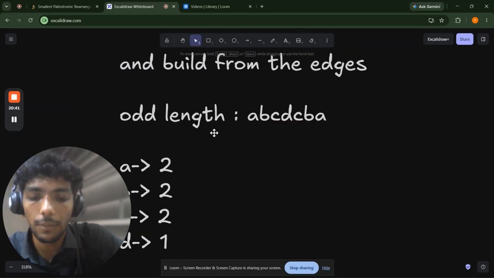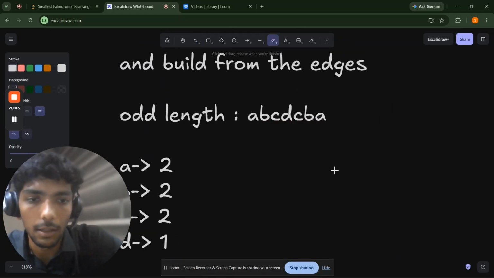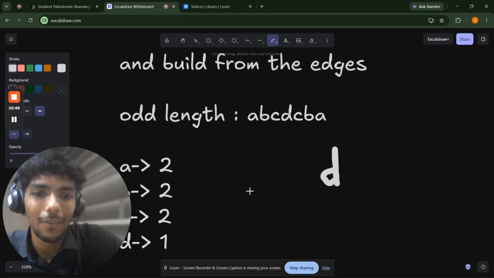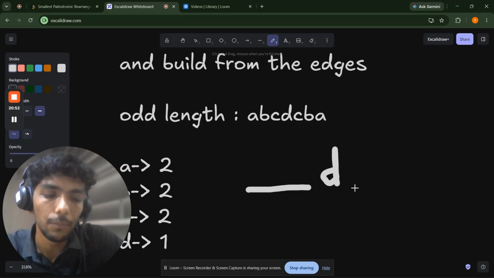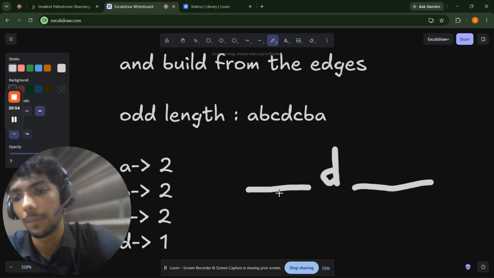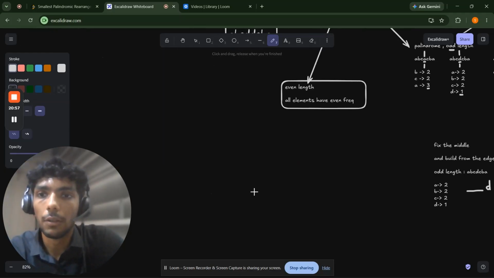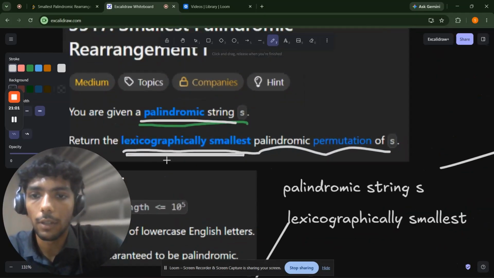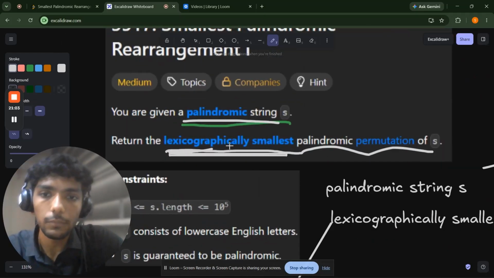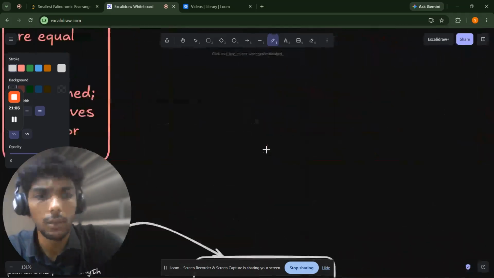So first we fix the D in the middle, and now we have three indices over here and three indices over here. Now we have one more condition: we want lexicographically smallest.